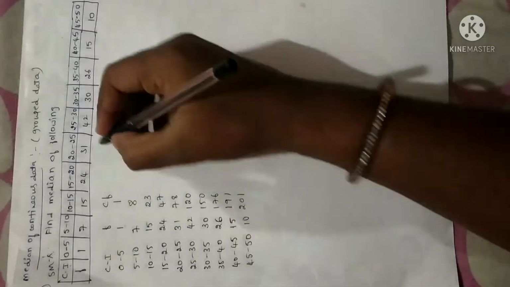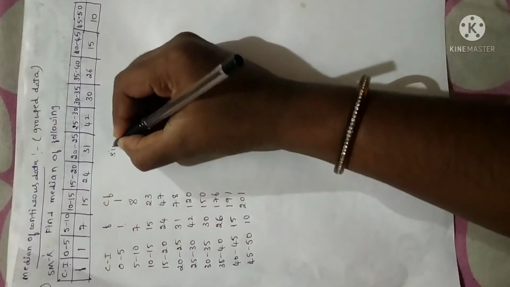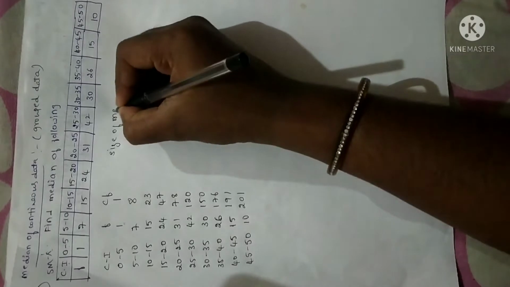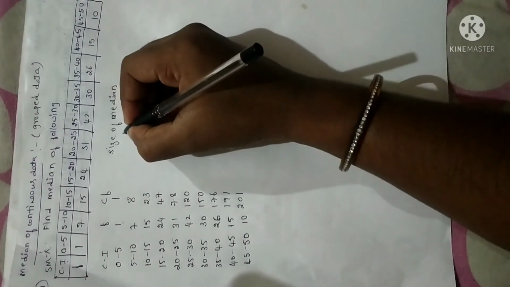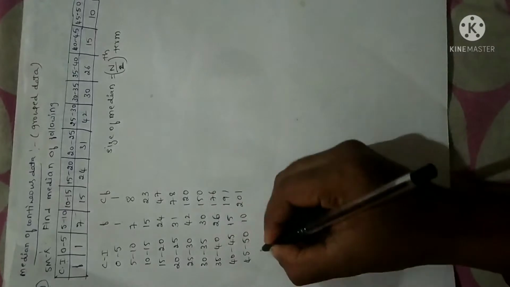Once you are done with the cumulative frequency, next find out the size of the median. Size of median or median size, one and the same. So what is the formula here? To find the size of the median, we use n by 2. Remember, in discrete data where x values are directly given, you use the (n plus 1) by 2th term, whereas in continuous data, you use the n by 2th term, where n is the sum of the frequencies.